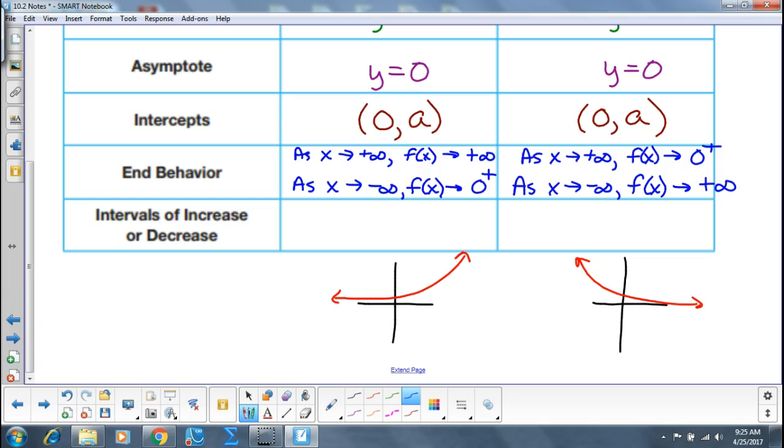Intervals of increasing or decreasing. An exponential growth function is what? Increasing. Always? Only over a certain interval? Never? Always increasing. So this one is increasing from negative infinity to positive infinity.